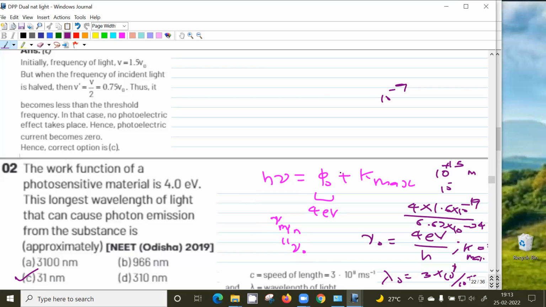So it's 31 only. What mistake am I making? 10 raised to 8 divided by 10 raised to 15. So 15 minus 8 is how much? It is 7, no? So it is 10 raised to minus 7, so 100 nanometers. So it's D.